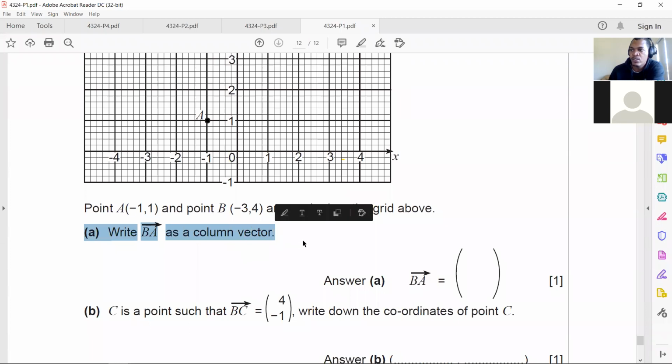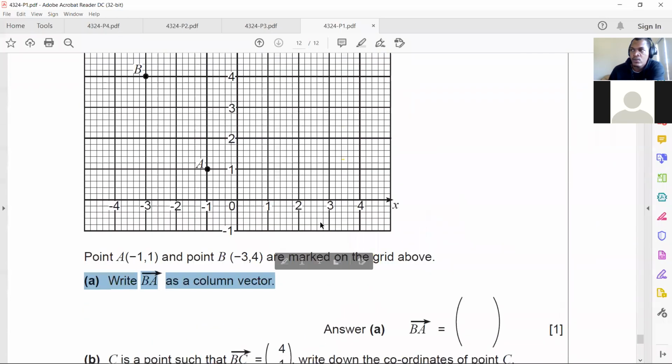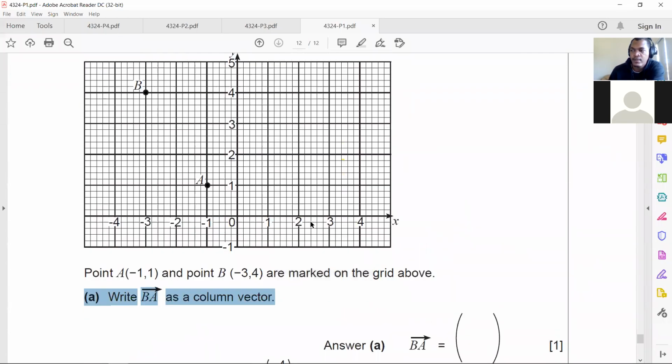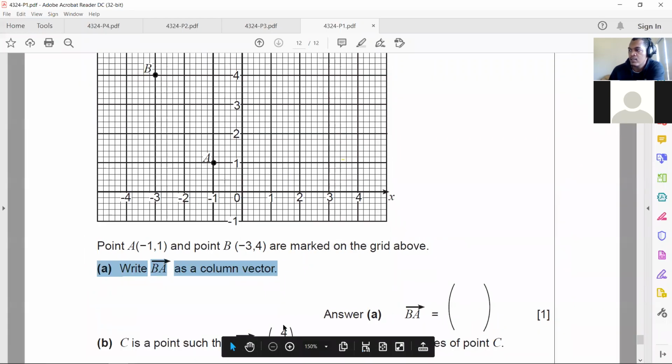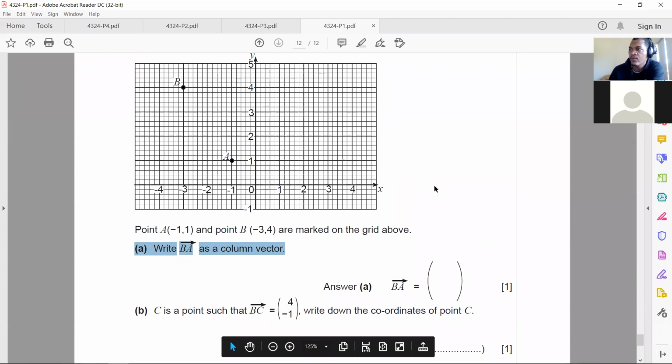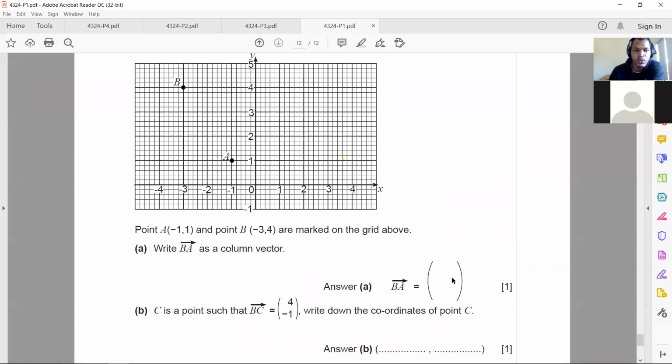We are looking at question A. Do you know how to write it as a column vector? That is the question, given something like this. How many of you will be able to score that mark?